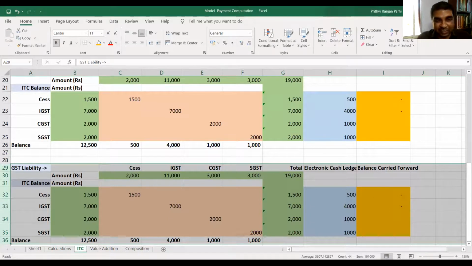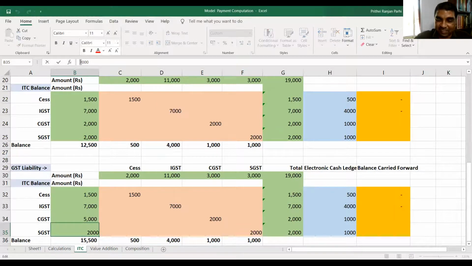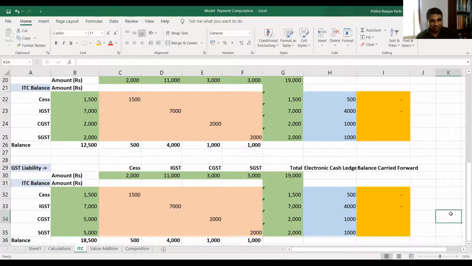My IGST liability is 11,000. I have IGST this much. And my CGST and SGST ITC is not 2,000. It is 5,000 each. Okay, third situation I'm taking.